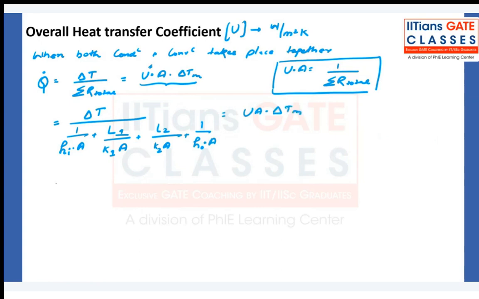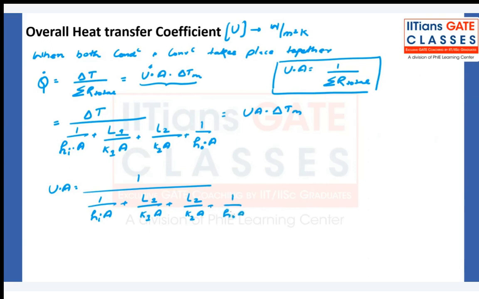So can I write UA is equal to 1 upon h_i A plus L1 upon K1 A plus L2 upon K2 A plus 1 upon h_o A? Yes, I can write this, because the area is the same. That is why I can take the area common.